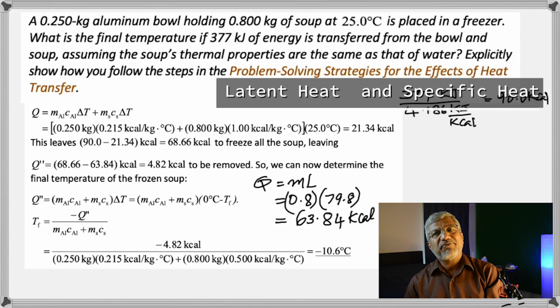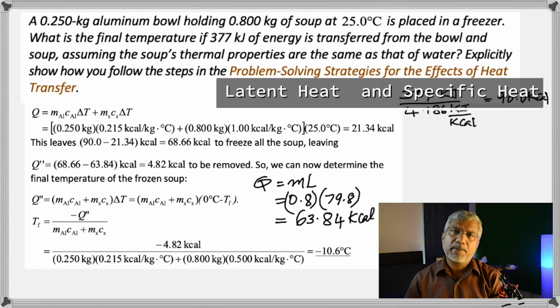So we also need to find out how much heat is required to freeze the soup. And for freezing, the formula is mass times latent heat. So here you can see that the mass of the soup is 0.8. Let me use this 0.8 times the latent heat, which is 79.8. So to freeze the soup, you need 63.84 kilocalories.